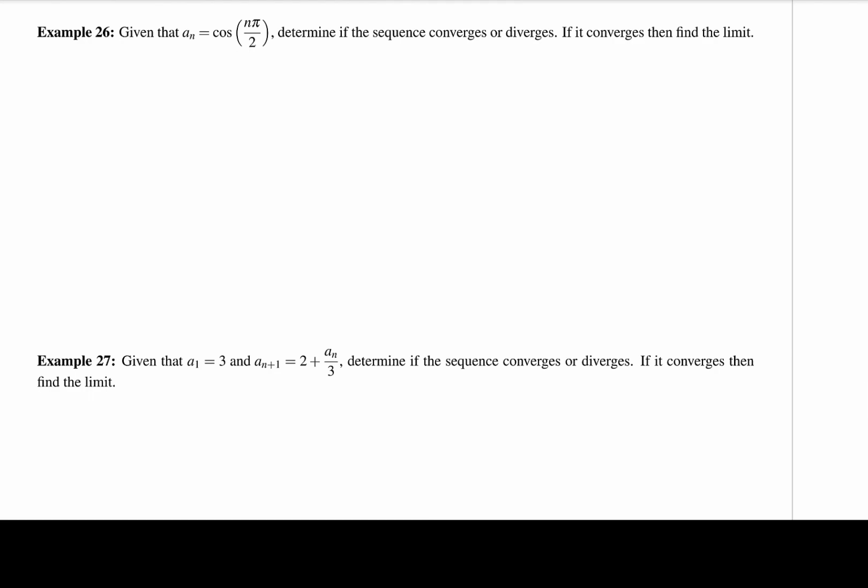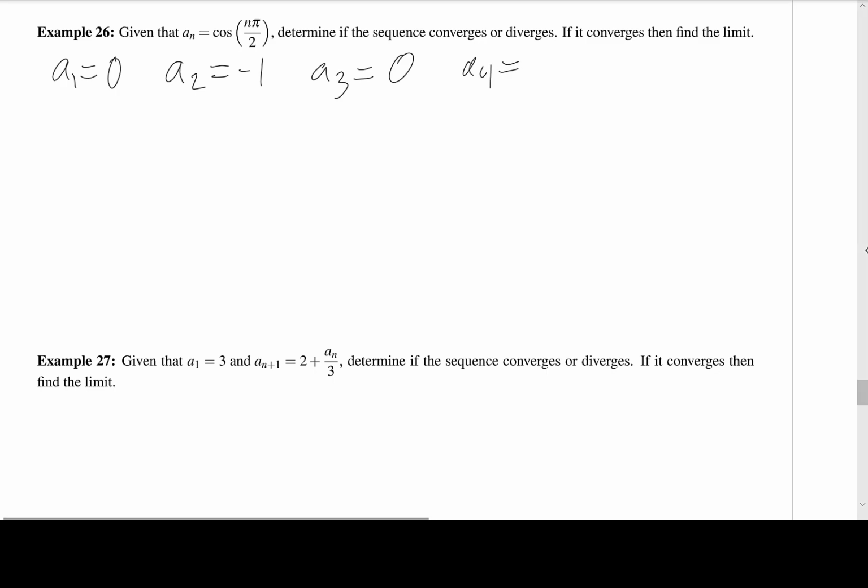Now let's look at example 26. For this one, I'd like to notice that a1 is equal to 1 times pi over 2, so that would be 0. a2 would be 2 pi over 2, so that'd just be pi, and cosine of pi is negative 1. a3 would be 3 pi over 2, so cosine of 3 pi over 2 will give us 0.